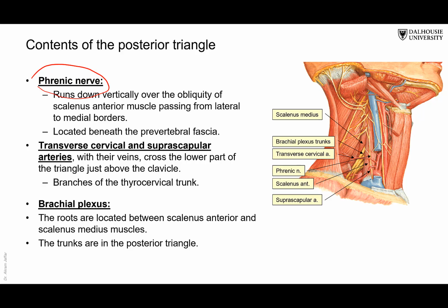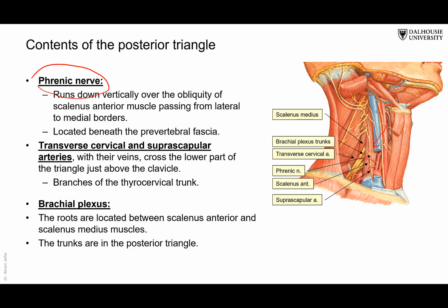And so C3 and C4 are from the cervical plexus, and the nerve, as you will be able to dissect next time, passes downwards vertically on scalenus anterior muscle. So in the front of scalenus anterior is the phrenic nerve. Behind the scalenus anterior, sandwiched between scalenus anterior and scalenus medius, is the brachial plexus.